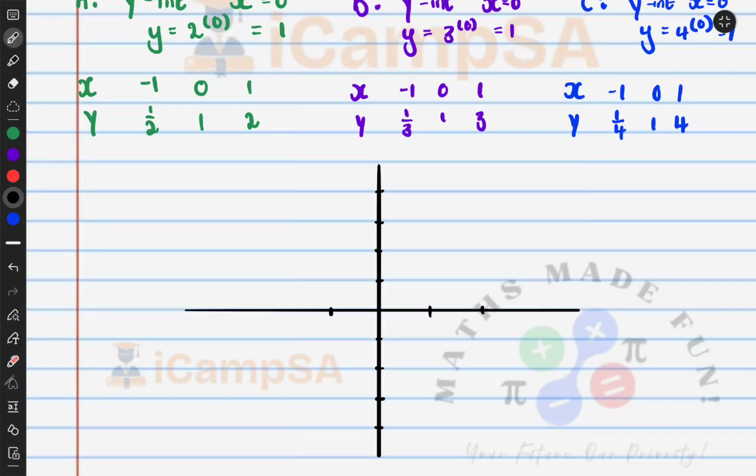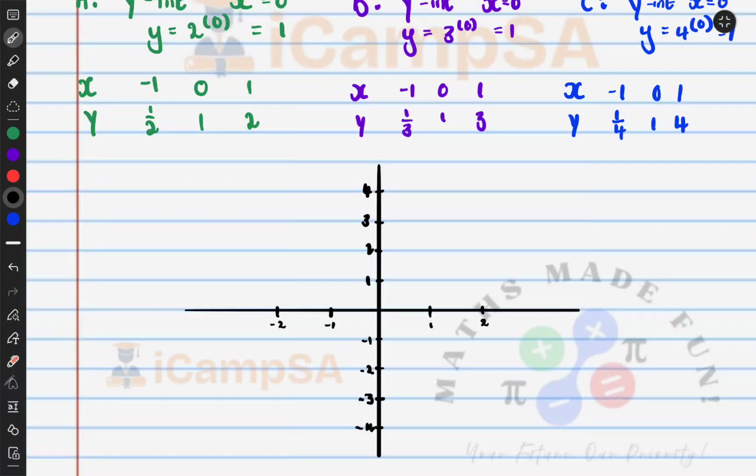Okay, so we're going to have 1, 2, -1, -2, -1, -2, -3, -4. We have 1, 2, 3, 4.